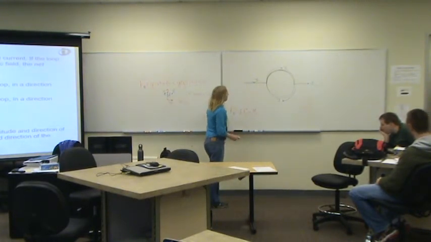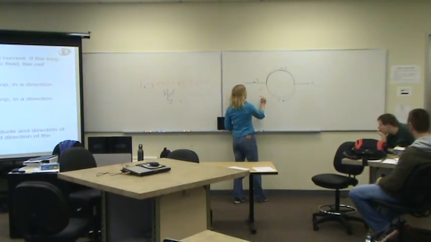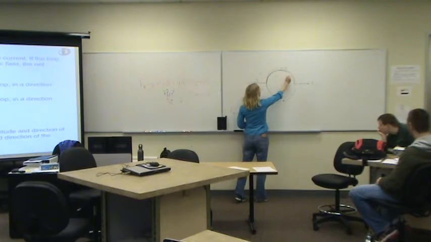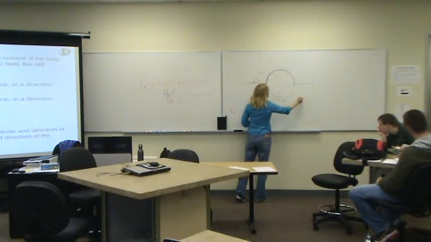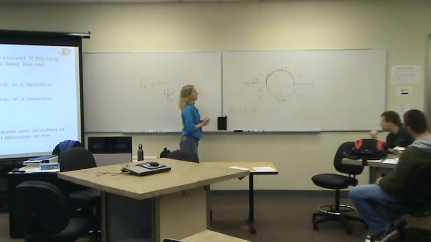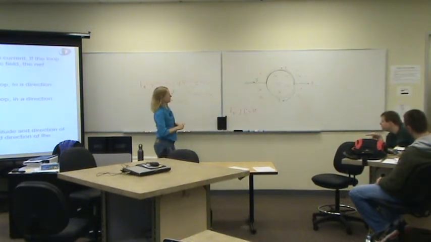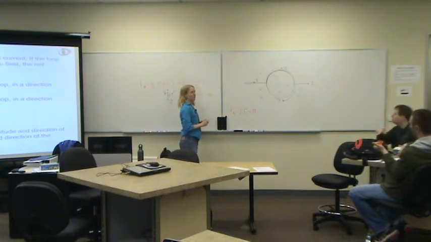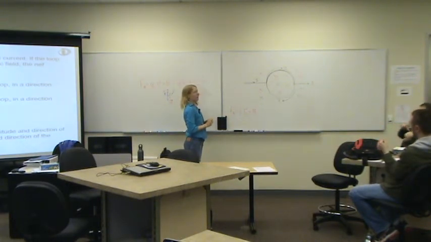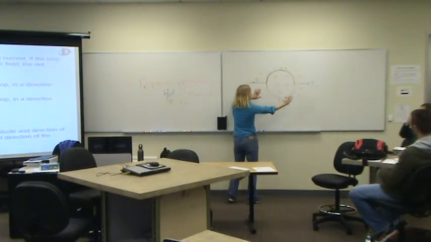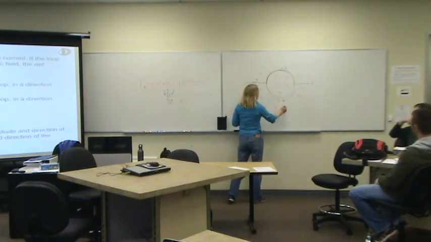And let's see, if your B field was going into the board, what would the direction of your forces be on the top and the bottom of that loop? It would just be outward in all directions around the loop. Oh, okay, so in the plane of the board, like this. So they all cancel out.